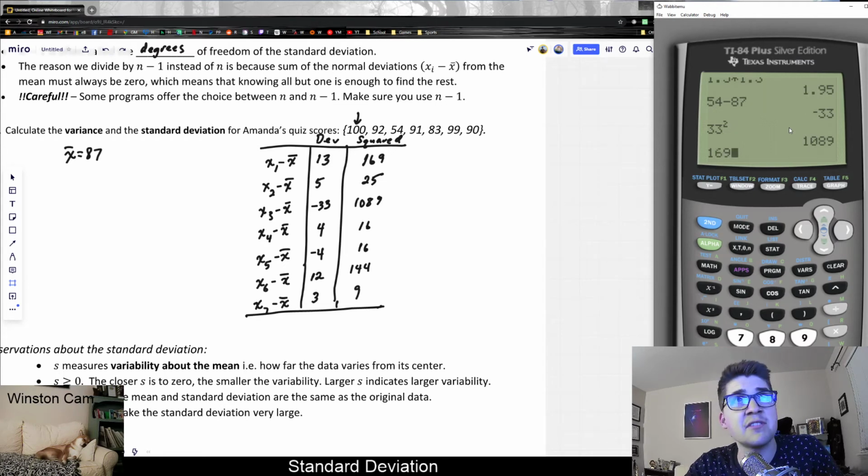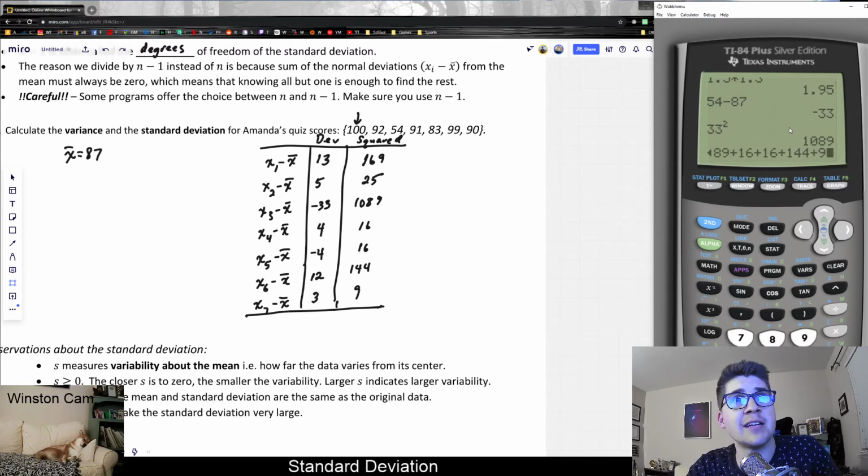Even with just 7 scores, it's quite tedious. But you can often use calculators or other things to help you. And we'll work on using other resources to calculate a standard deviation. But I think it's important to explore how you actually do it from scratch, because it helps us understand what it means.